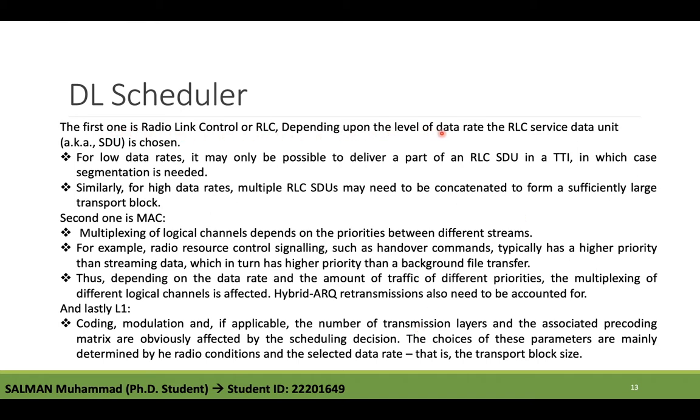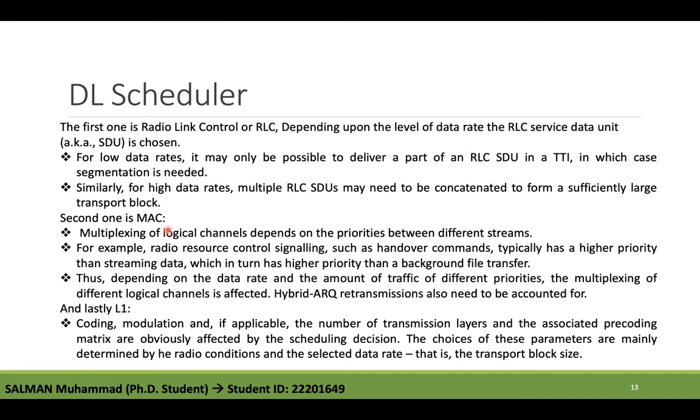Depending upon the data rate, the radio link control service data unit is chosen. For low data rates, it may only be possible to deliver a part of an RLC SDU in the TTI, in which case segmentation is needed. Similarly, for high data rates, multiple RLC SDUs may need to be concatenated into a sufficiently large transport block.